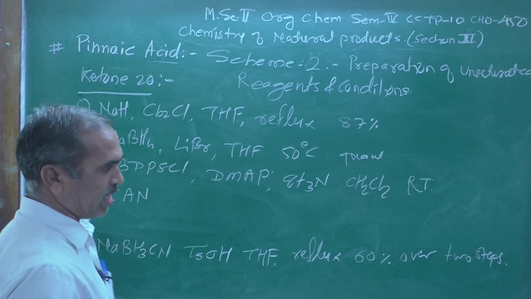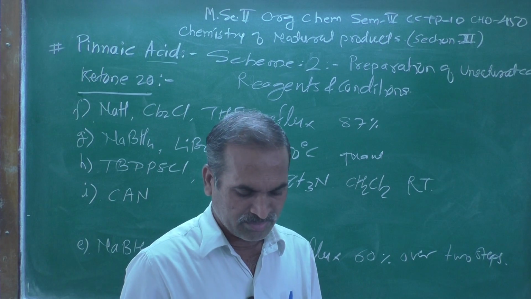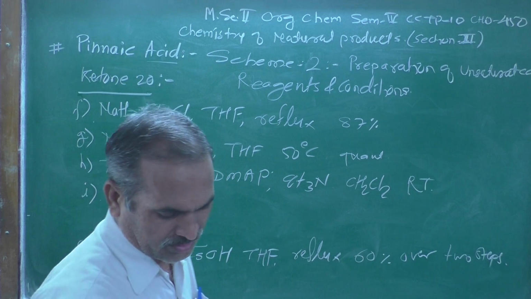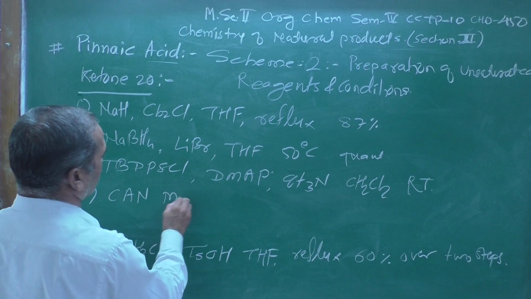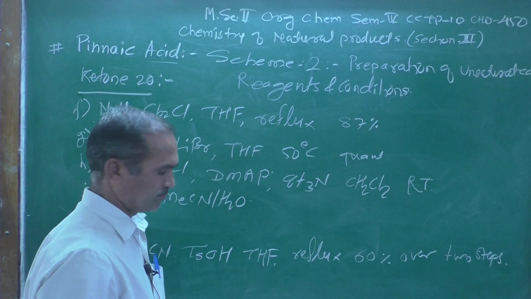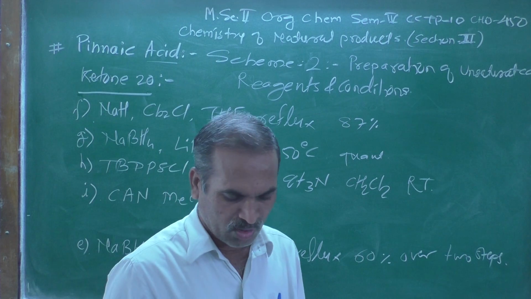As we know, CAN means cerium ammonium nitrate, which is used in methyl cyanide mixed with water.